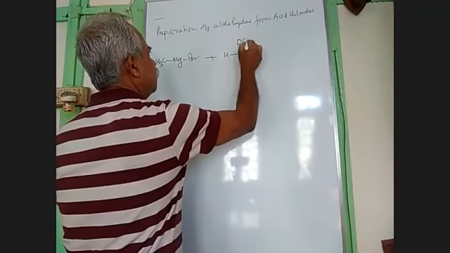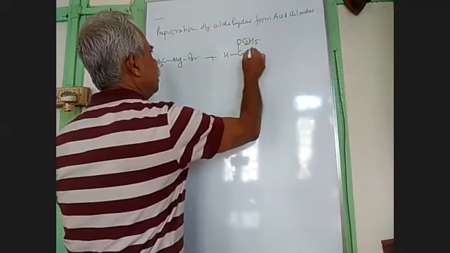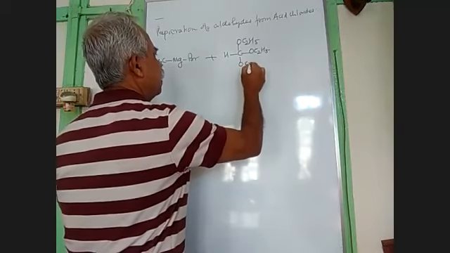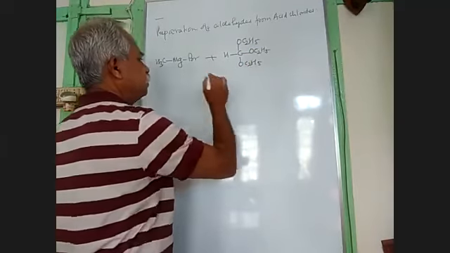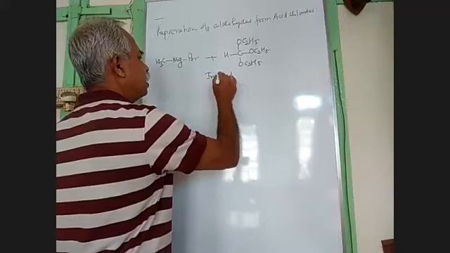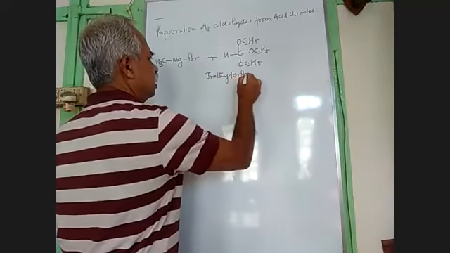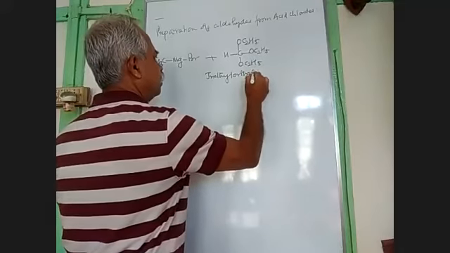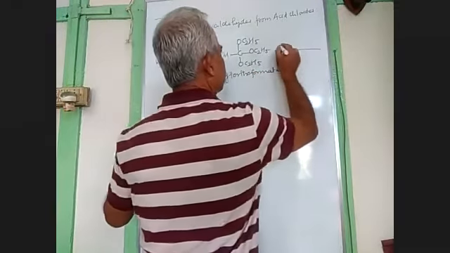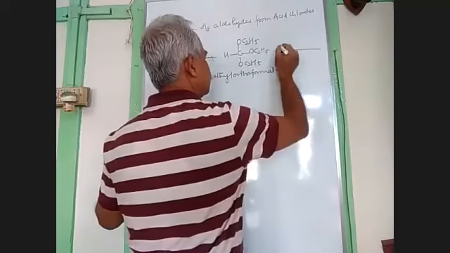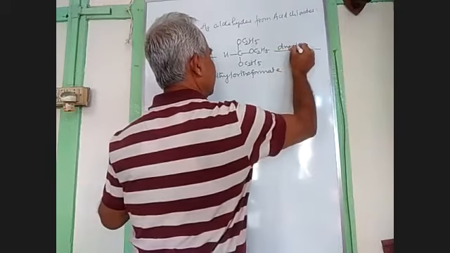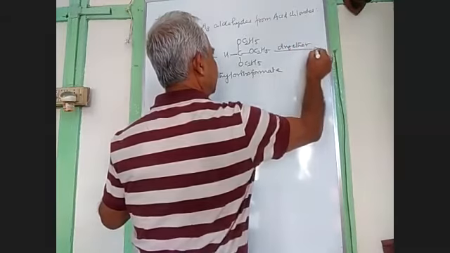This compound is called triethyl orthoformate. This is the first time you have seen this compound, and this is only for your entrance. Okay? So this one, all reactions has to be done in absolute dry ether. So right now here, dry ether.